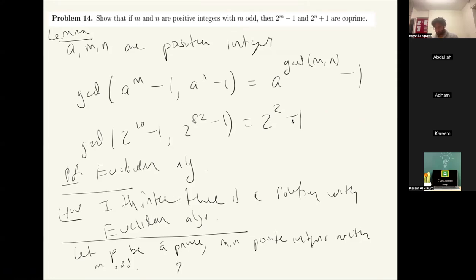It cannot be that 2 to the m is congruent to 1 mod p and 2 to the n is congruent to -1 mod p. You cannot have both simultaneously.